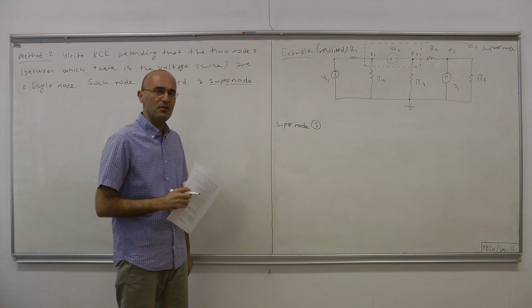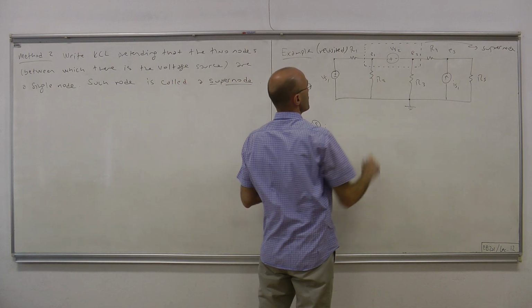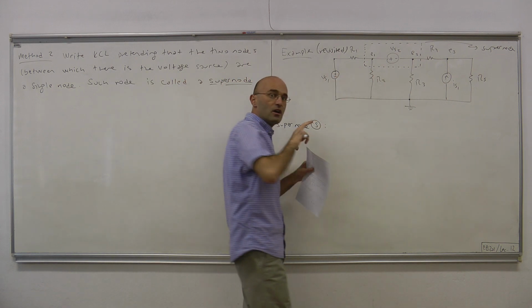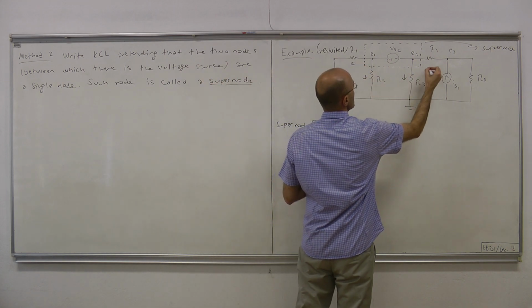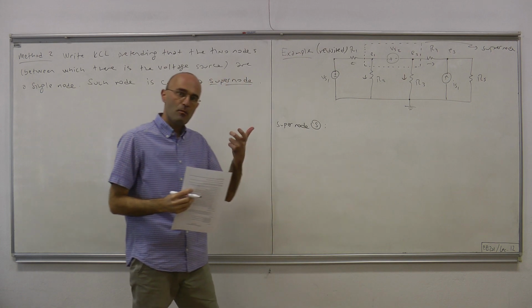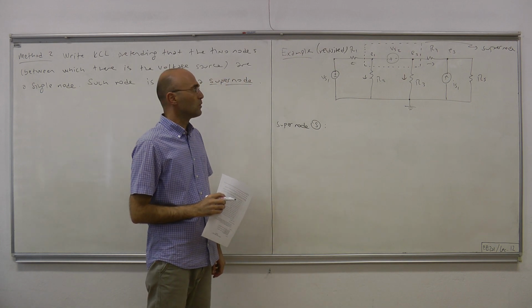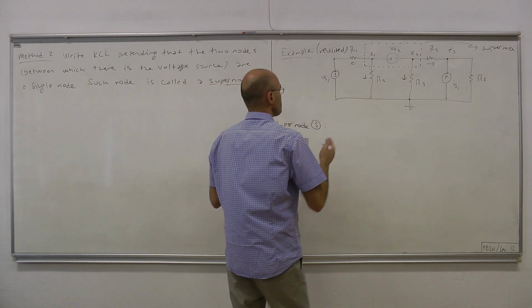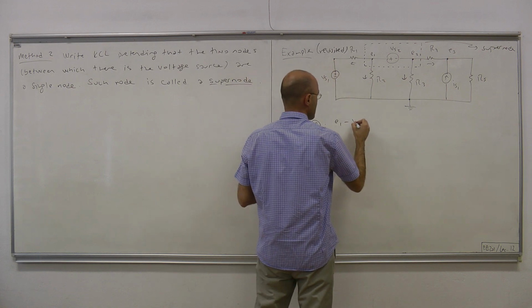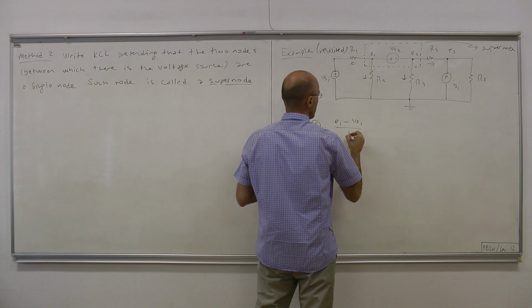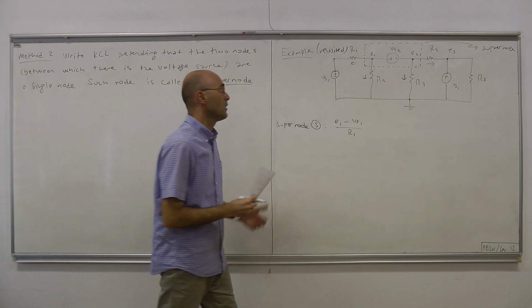Let's write KCL at this node. Writing KCL for a supernode simply means that we sum all the currents leaving it. So we have this current, this current, this current, that current. By KCL, the sum of those four currents must equal 0. This current is E1 minus Vs1 over the resistance R1.